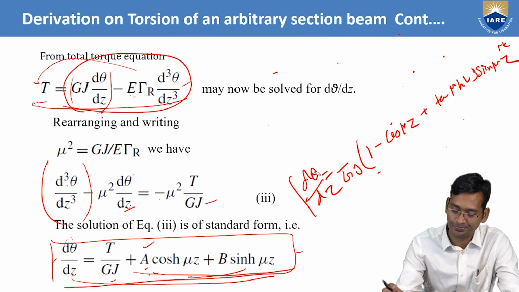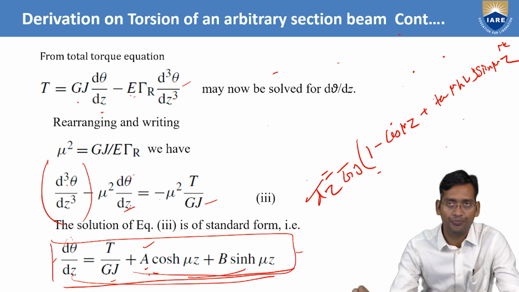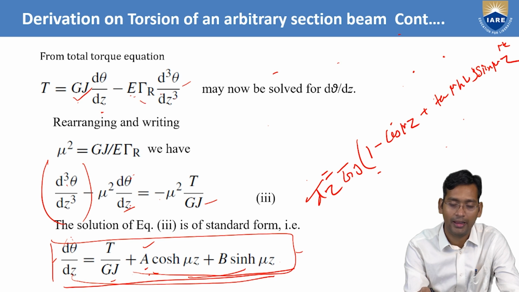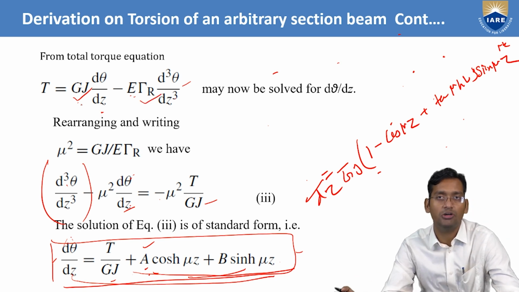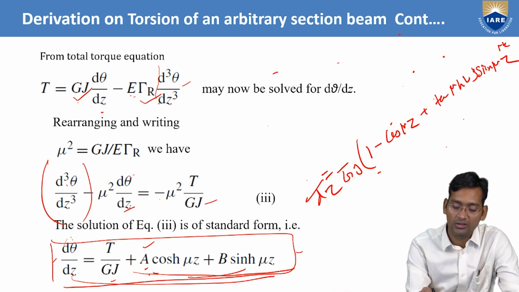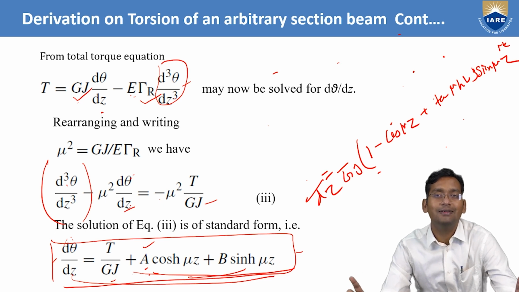Earlier also I told, so total torque equals what? From Saint-Venant and Wagner: this is the Saint-Venant one and this is the Wagner one. T equals GJ dθ by dz minus E tau r d³θ by dz³. Now for simplifying this cubic differential equation, the coefficient of d³θ by dz³ should be 1.